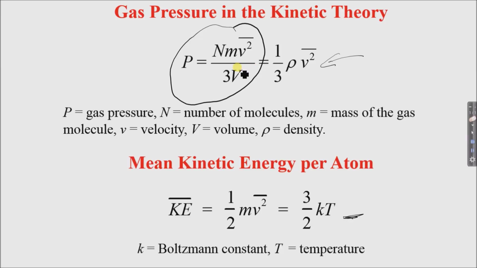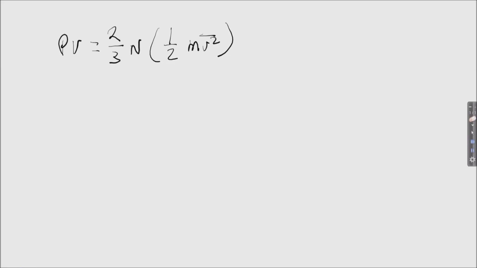So we've dissected 1/2 mv squared to talk about kinetic energy. And that's why we care about this now, but we'll talk a little bit more about this in a bit. Okay, so we've really just dissected this equation here when we're talking about getting to the ideal gas law.